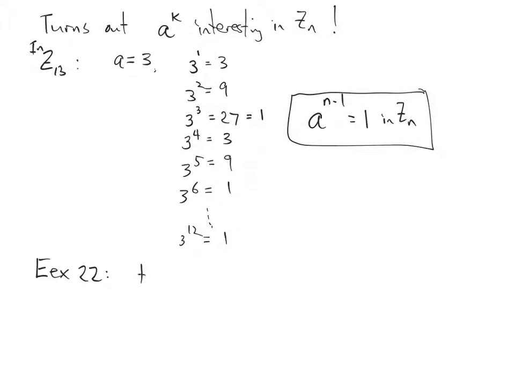So try a few values of a, and in particular, make sure you use a equals 7. That's the one I'll do when we come back. Seriously, whenever we hit these embedded exercises, you need to at least take a shot at doing it, because if you can't do them, you may not be following what we're talking about, and you need to replay the video. All right, so I'll see you in a few minutes.